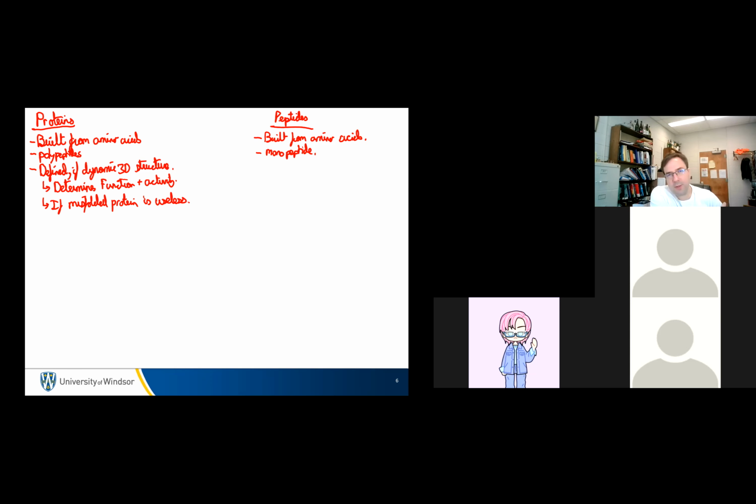So if the protein is misfolded, if that 3D structure is incorrect, the protein is generally not a functional protein. We would say it's a denatured protein. So you need the correct three-dimensional shape. Anyone else want to add anything else to this on the protein side?